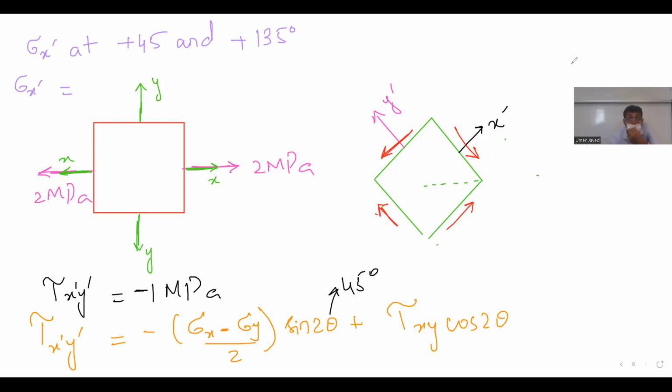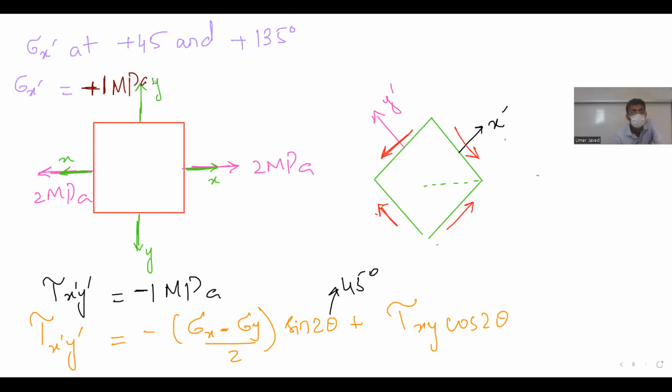And then we will use 135 and substitute in the sigma x prime equation. Both the theta values will go in the first equation. Just use stress x prime and put these two. Stress x prime will be +1.